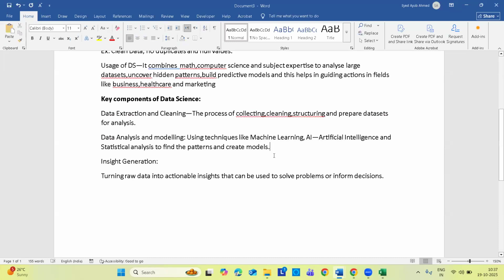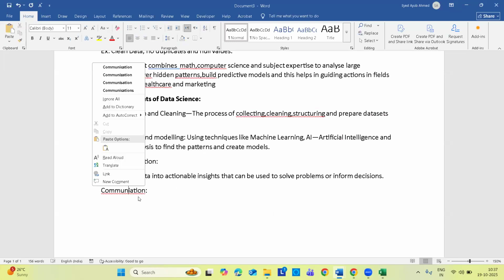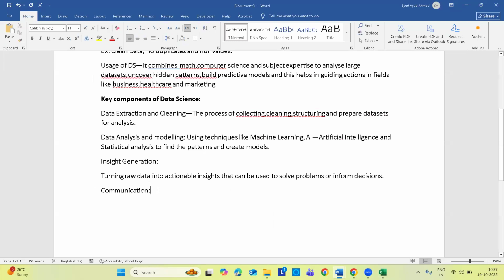The last one is communication, and this is important as well. All the above three are important, and this is also important. You have to share the findings you have found through an analysis of data.